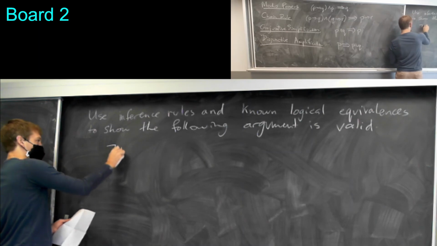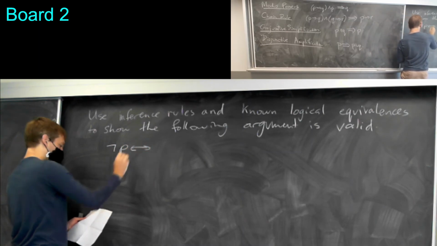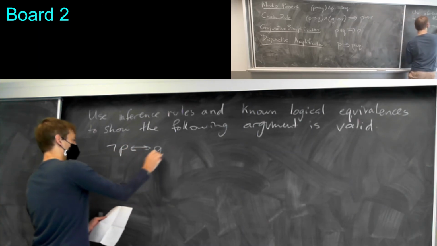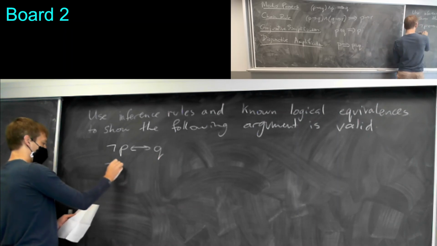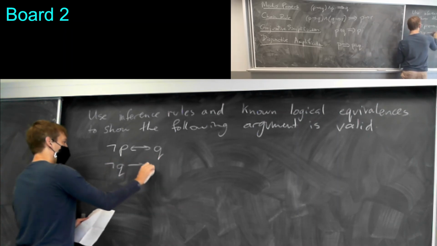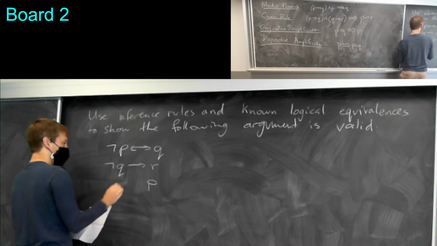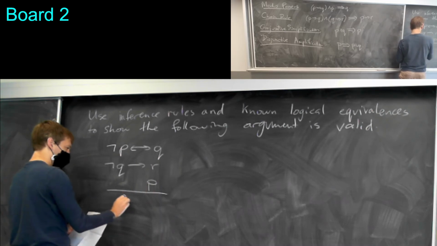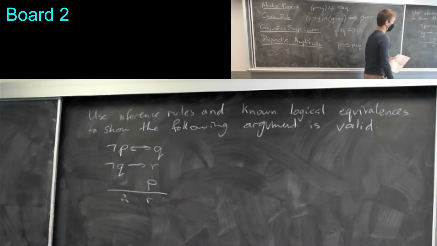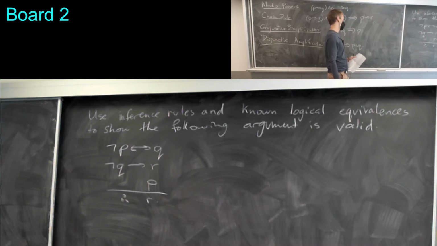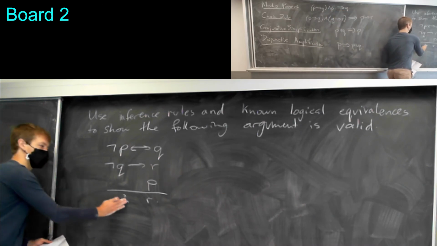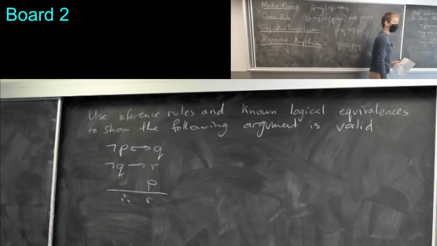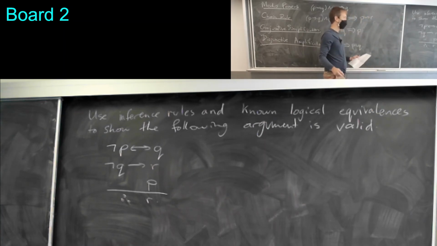So I take not P if and only if Q, not Q implies R, P, therefore R. Okay. It's like hieroglyphics or something. It just seems like such nonsense, but we're going to prove that this is true.